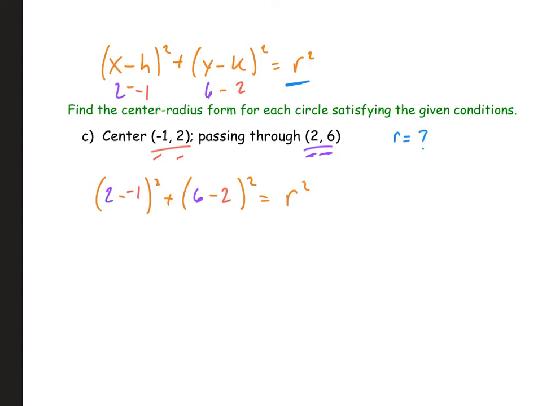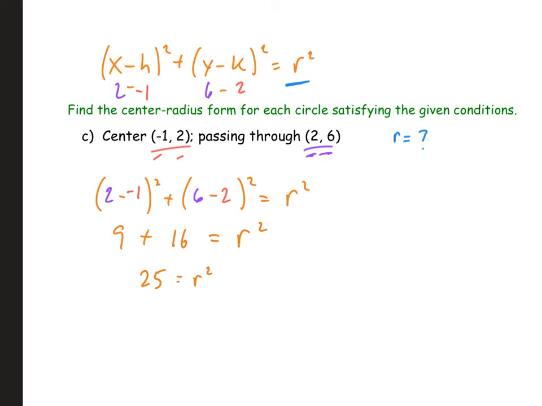That's going to equal r squared. So 2 plus 1 is 3. 3 squared is 9. And here we get 6 minus 2 is 4. 4 squared is 16. So of course that's 25 equals r squared.